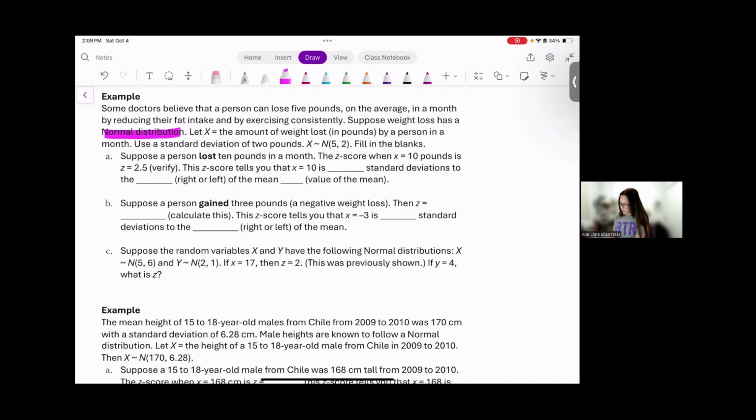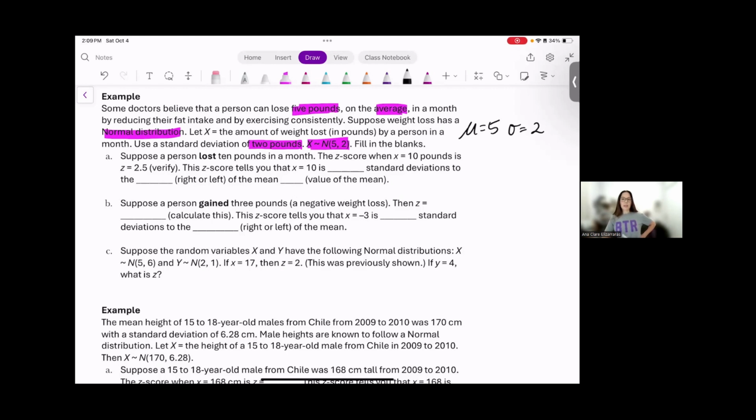Use a standard deviation of 2 pounds. And then we're also told X is normally distributed, and they call back that 5 pounds. So they believe 5 pounds on average. That keyword here told us the average was 5, and then they told us the standard deviation was 2.